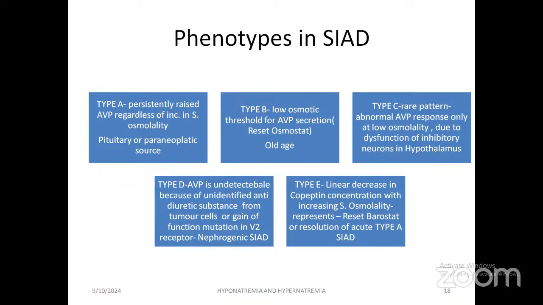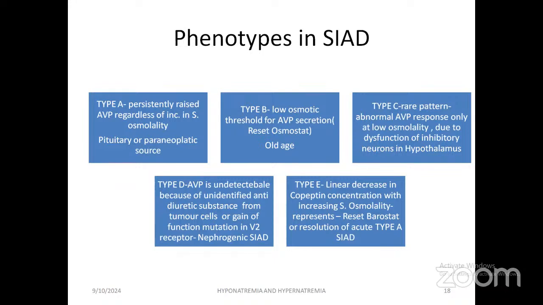Type C is a rare pattern where there is abnormal AVP response only at low osmolality. This is due to dysfunction of inhibitory neurons in the hypothalamus. In Type D, AVP is undetectable because of an unidentified antidiuretic substance from tumor cells or a gain of function mutation in the V2 receptor, that is nephrogenic SIAD.